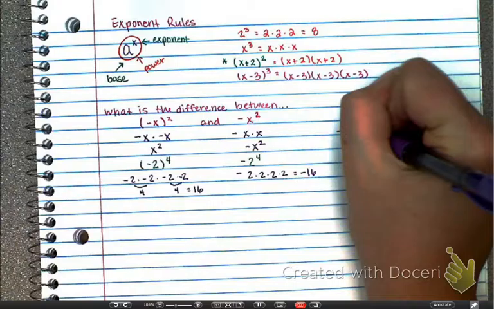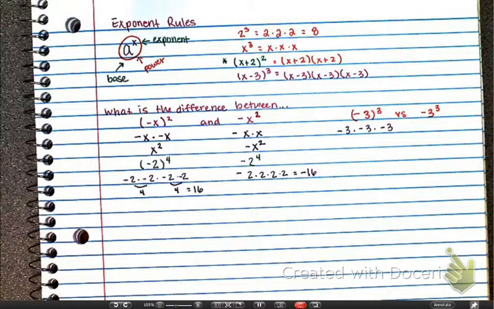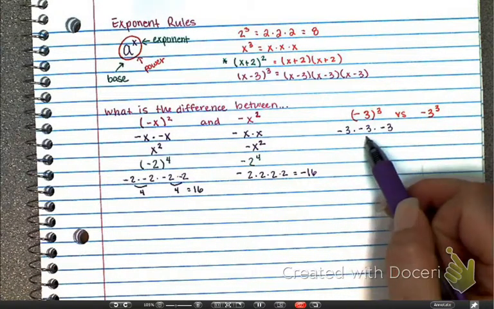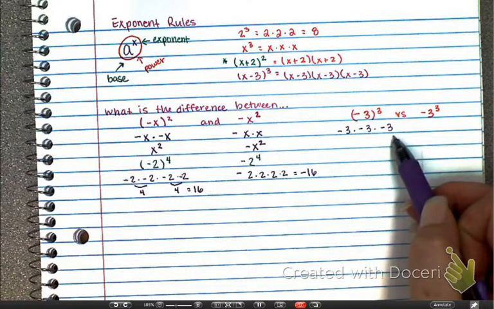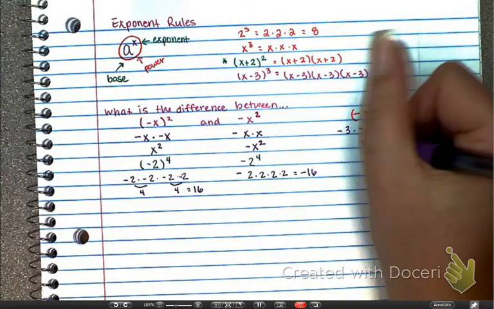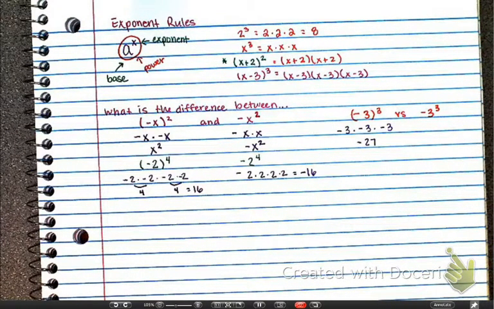Negative 3 times negative 3 times negative 3. You agreed? Okay, so let's multiply it. Negative 3 times negative 3 is positive 9. Positive 9 times negative 3 is negative 27. Did you get that? Yeah?